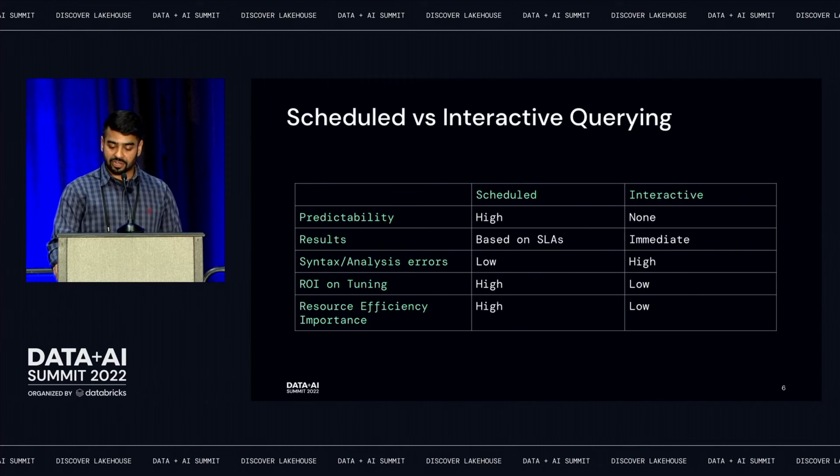As the scheduled queries run multiple times over a period of time, the ROI of tuning is very high. A badly tuned query will consume more resources, not just once, but every time it runs. Whereas in interactive querying, the tuning is mostly an overhead. If you just want to run your query once, and if you have to run it like 5 times just to tune it, it's a huge overhead.